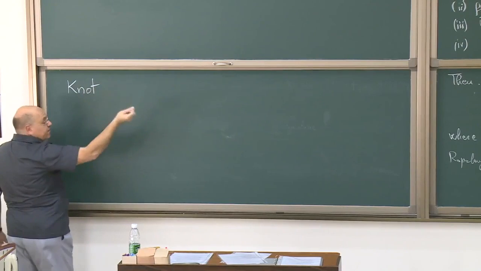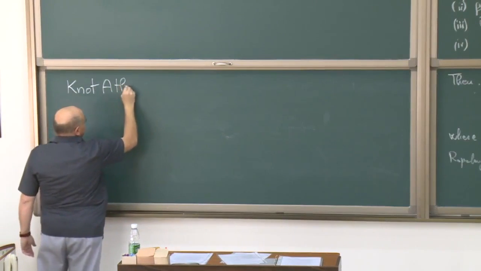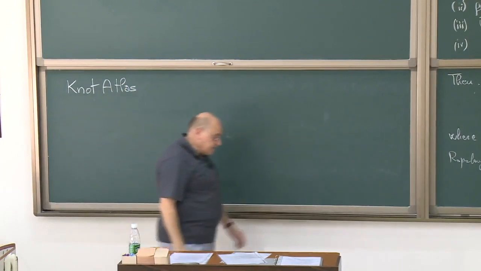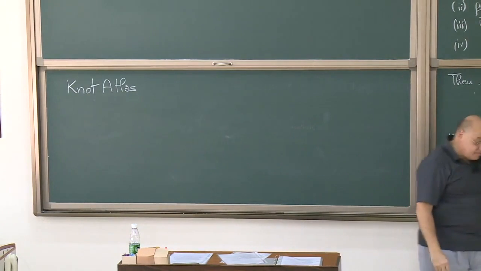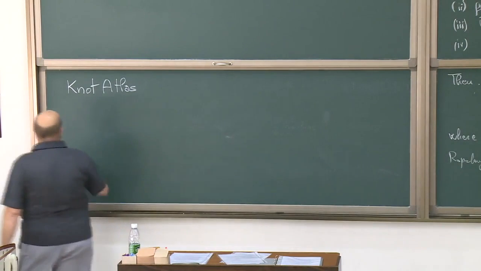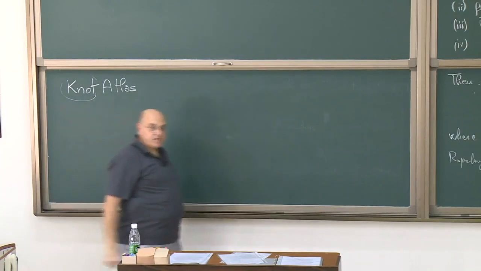One important website is Knot Atlas, for instance. This is the work of a number of people, I think originated from Bar-Natan's initiative and then developed. So you check on this atlas of knots and you have many, many properties.